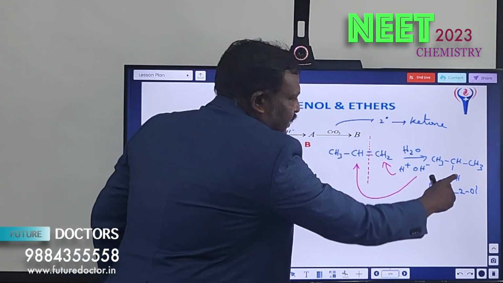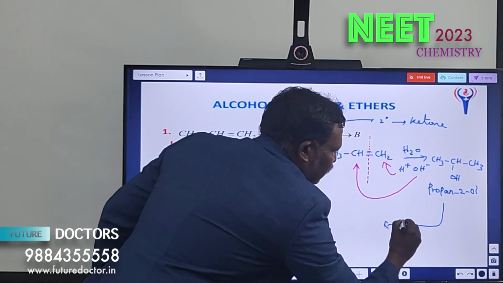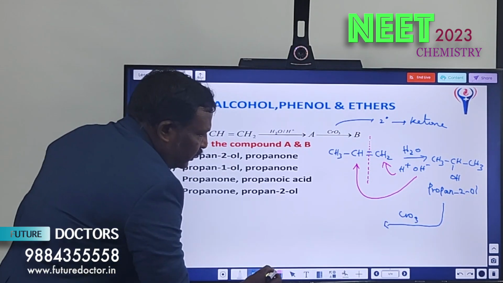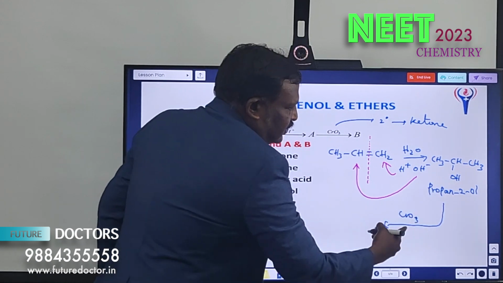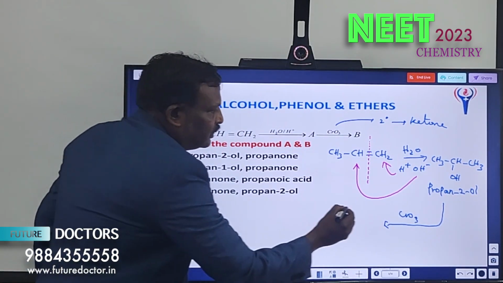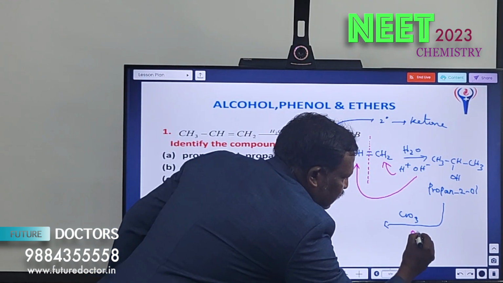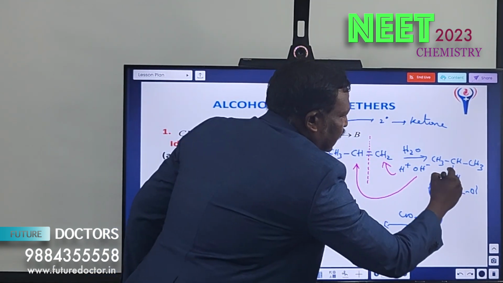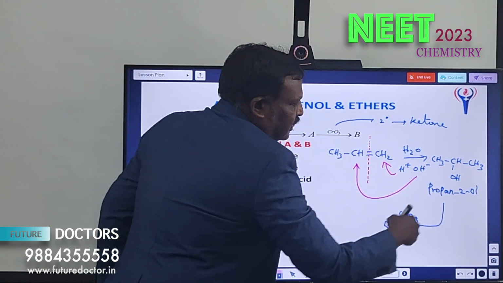This is a secondary alcohol. If you put chromic oxide, it's an oxidizing agent, so it converts secondary alcohol into ketone.